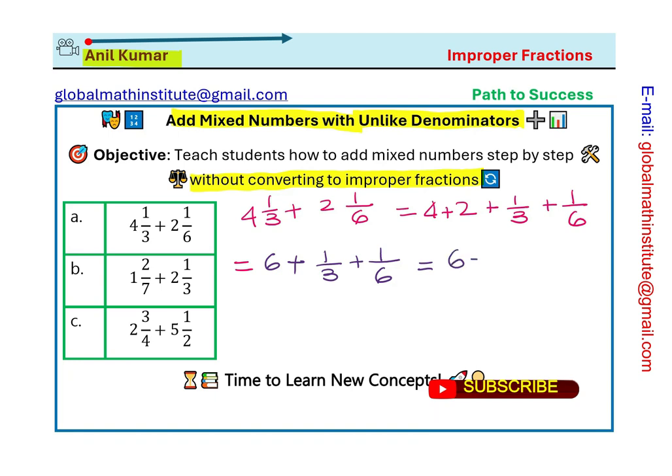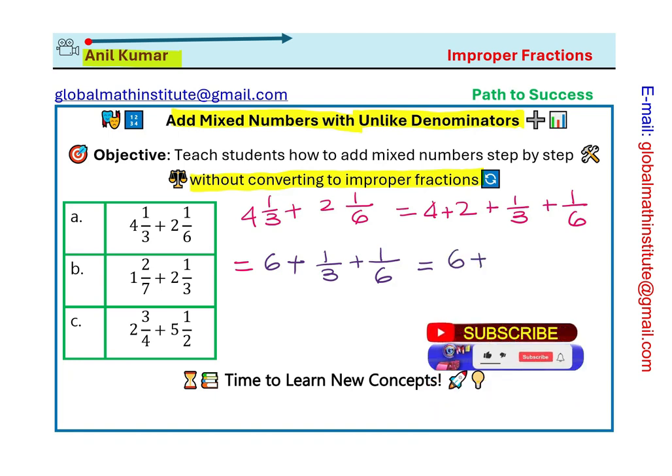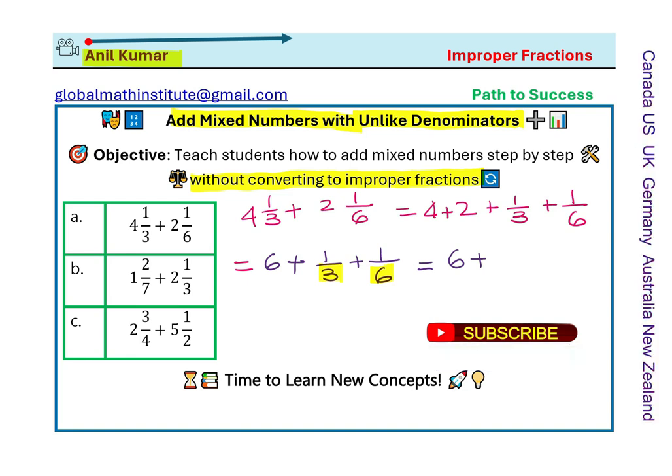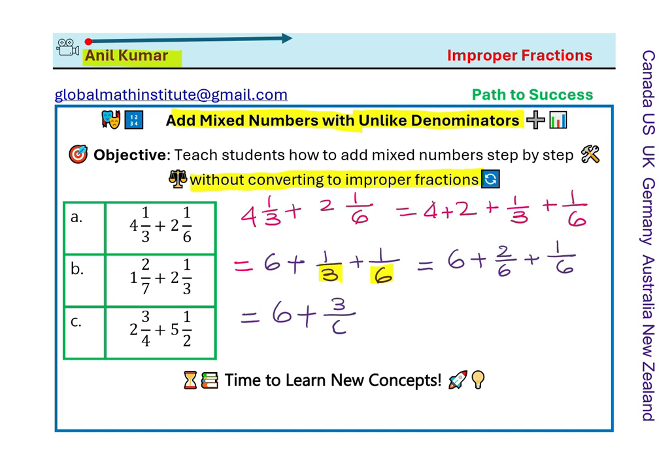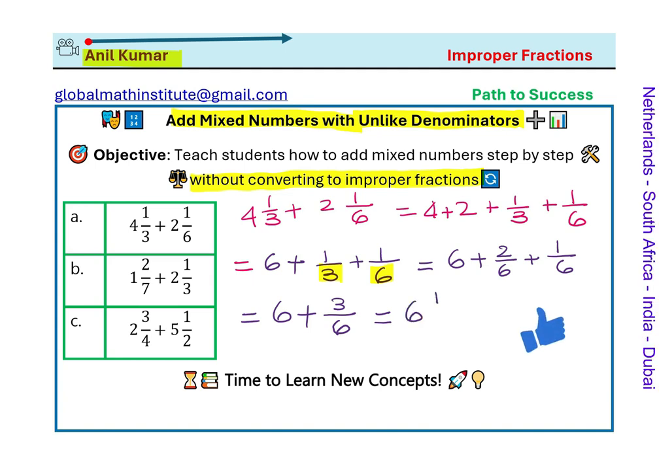So we have 6 plus, we have to convert 3 and 6 into 6. How do we do so? For 1/3, we have to multiply by 2, so it is 2 over 6. But the other one is already sixths. So we now get 6 plus 2 plus 1 is 3 over 6. 3 over 6 you can simplify and make it half.